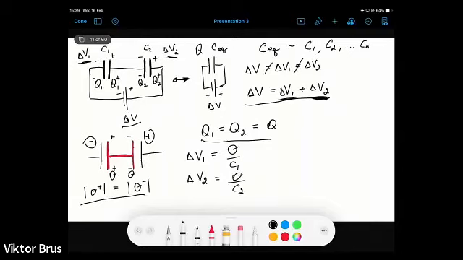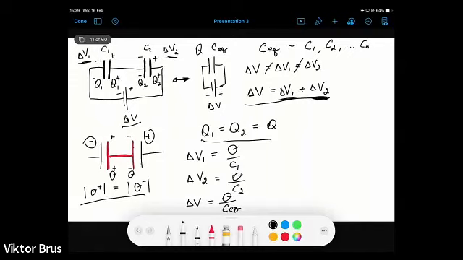Also, following the same concept, we can write that delta V, the total potential difference, is equal to this charge Q divided by C equivalent.